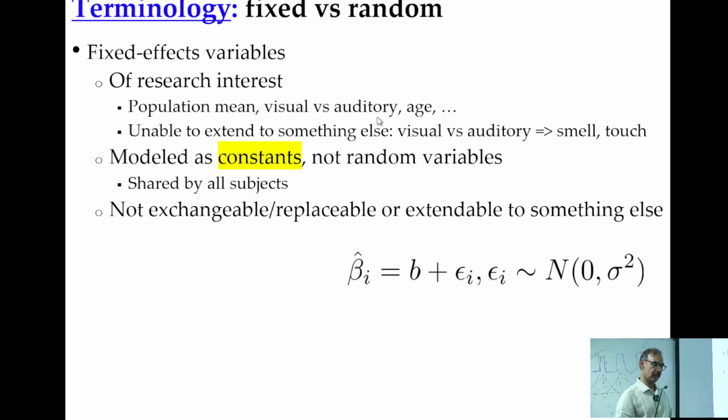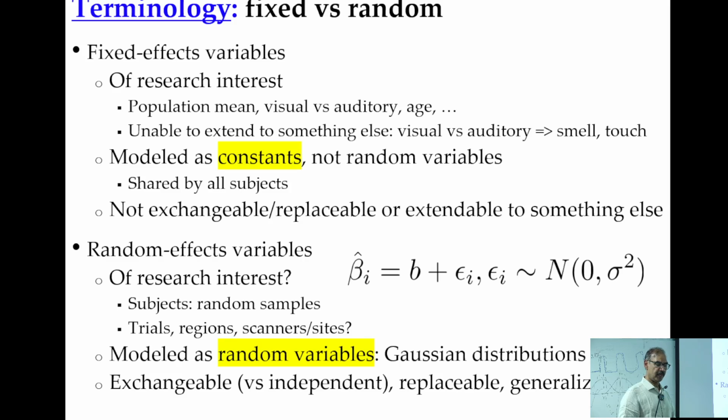Also, in this case, these will be modeled as constant, not random variables, right? And this is shared by all the subjects. And therefore, these are not exchangeable or replaceable or extendable to something else.